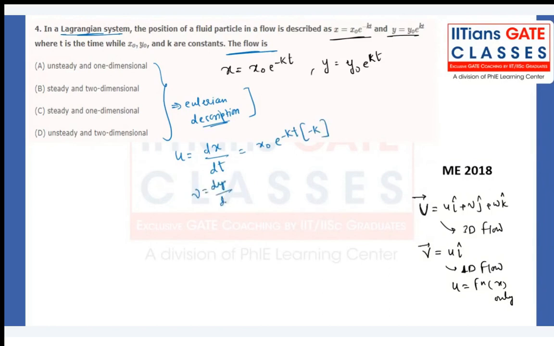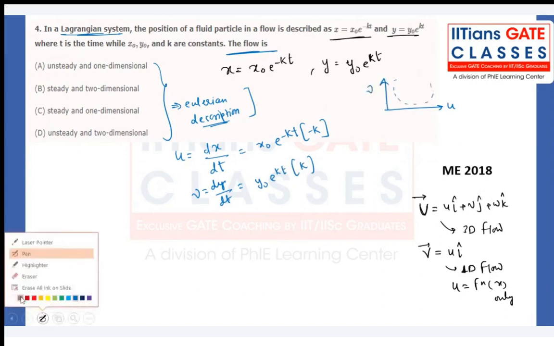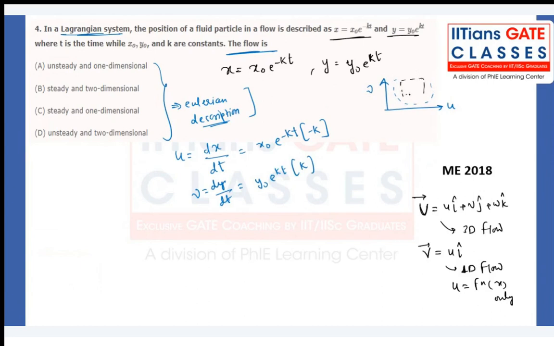This will be dy by dt. So why not e to the power kt into k? So we got the u component of velocity, we got the v component, we got the velocity field. So in that velocity field, we can select the control volume, and that is the fundamental concept behind the Eulerian descriptions.